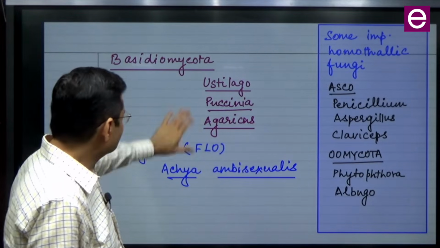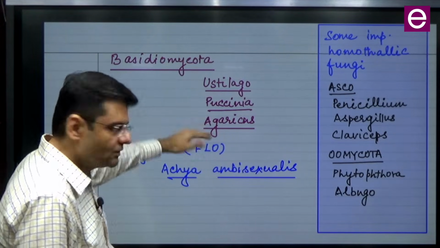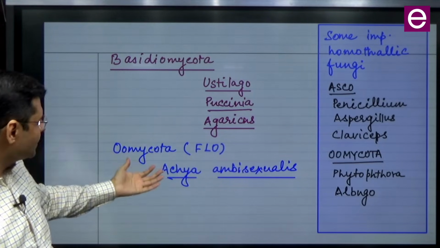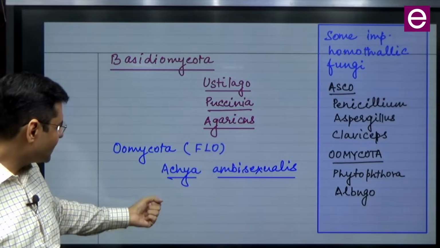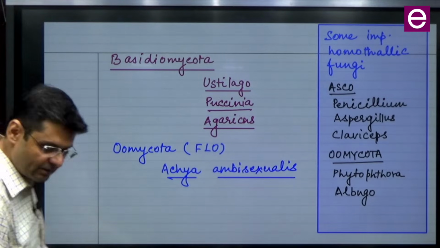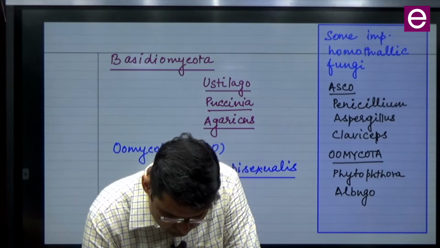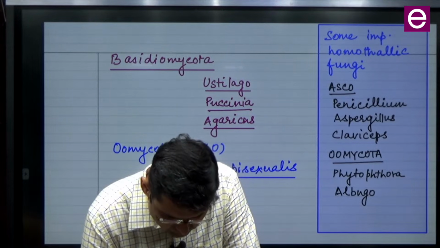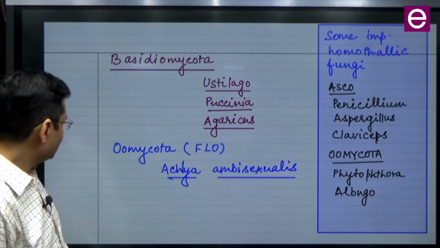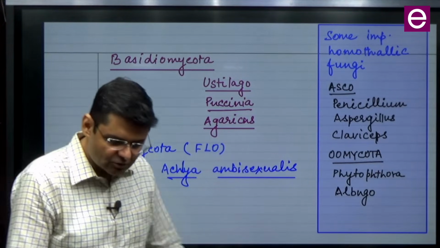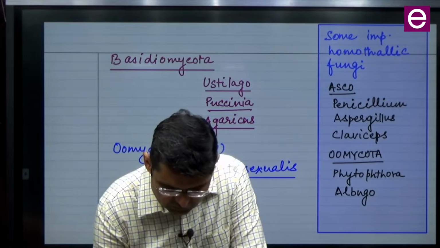Ustilago. So they all are heterothallic. Plus in Oomycota, fungi-like organism, Achlya, L छूट गया यहाँ पे, अभी लिखता हूँ इसको. Achlya ambisexualis, ठीक है ना? इसको रुको, ठीक से ही लिख देता हूँ, ऐसे तो कंफ्यूज हो जाएगा आपको.